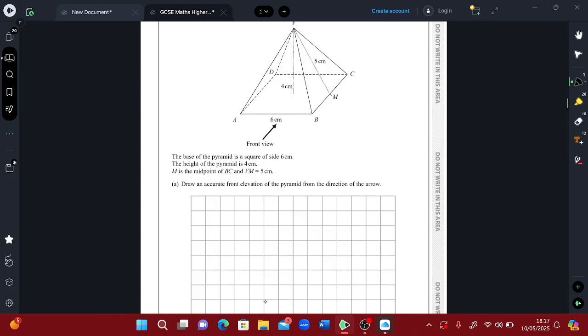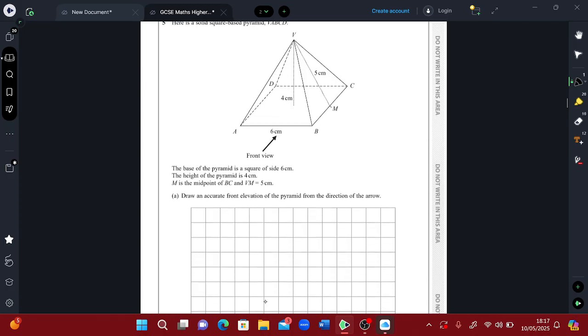So when you're doing this sort of thing, especially with 3D shapes, it's best to realize that you've got a bunch of 2D shapes because that's what a 3D shape is essentially. It's a composition of all different types of 2D shapes. So here we've got triangles and we've got a square.